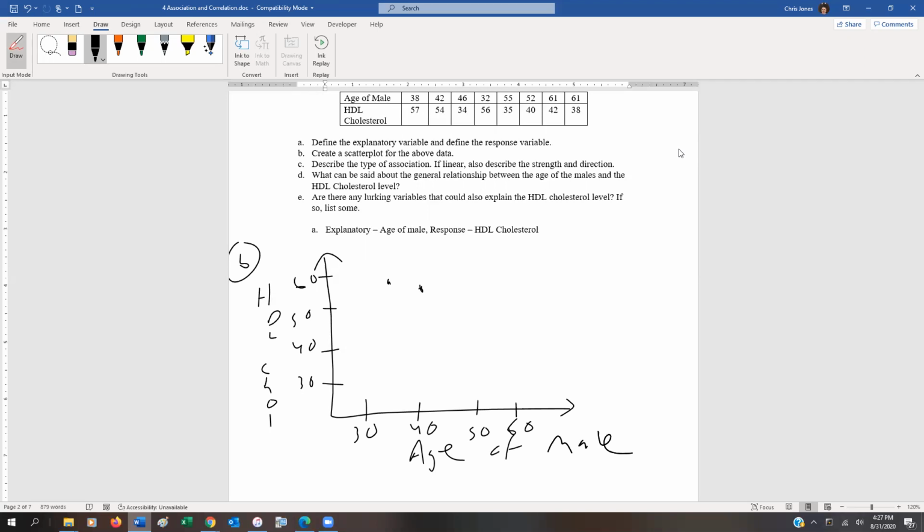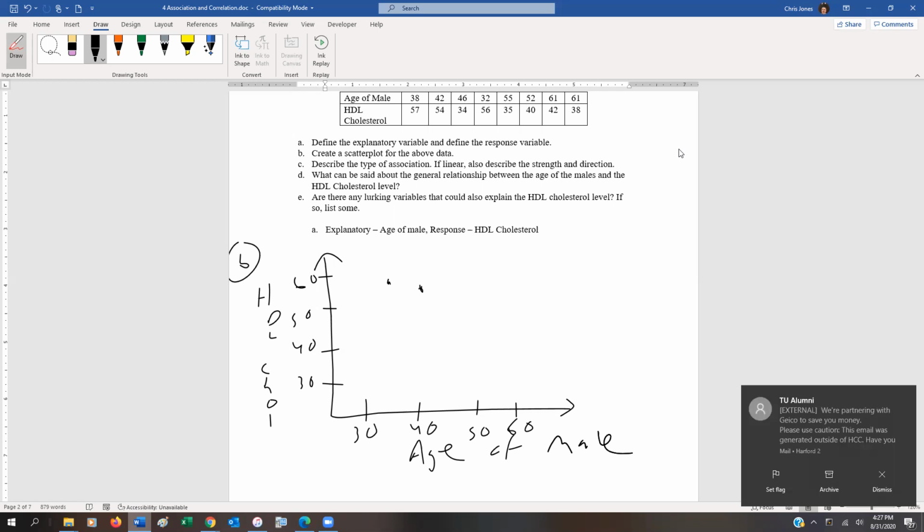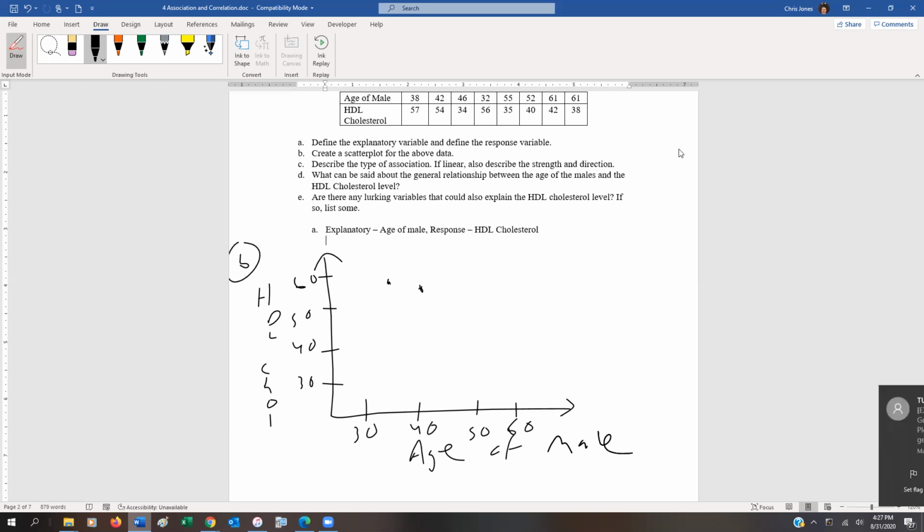Next, 46, 34. So we're going to go over to 46, and then we're going to go up to 34, maybe right about here. Then 32, 56 is going to be right about here.